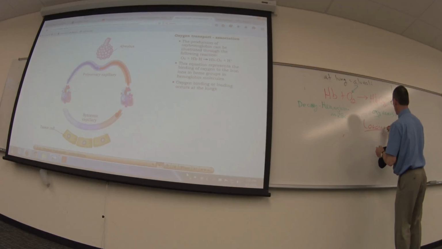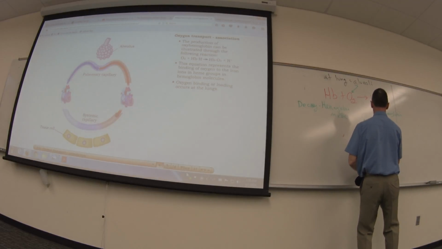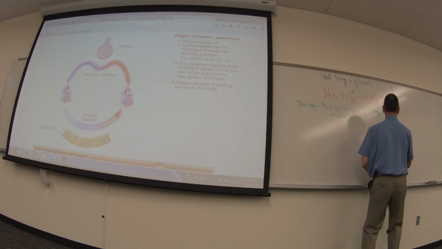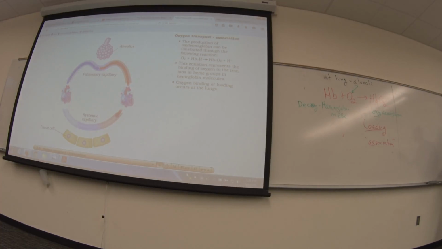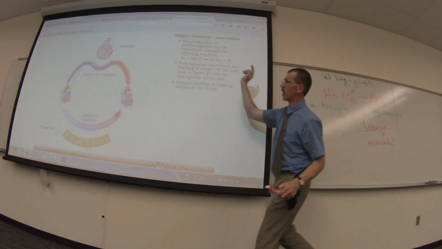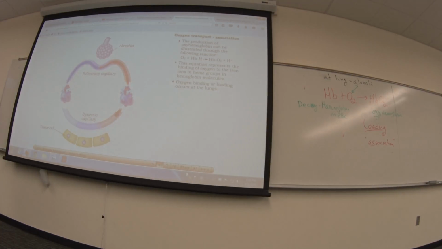So that's called the loading equation or the association equation. Right. Some people say association, some say loading, I say loading. That's fine. So this is the loading or association equation of oxygen in my blood at my lungs, right here. That make sense? Okay, let's keep going, because there's more.